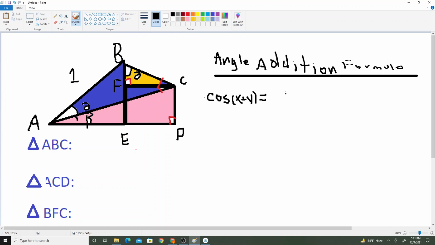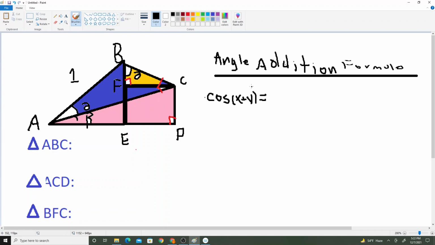You can't find AE, which is what we're trying to find, by any triangle, but if you find AD, this length here, and then you find ED and subtract it, that'll give you AE.